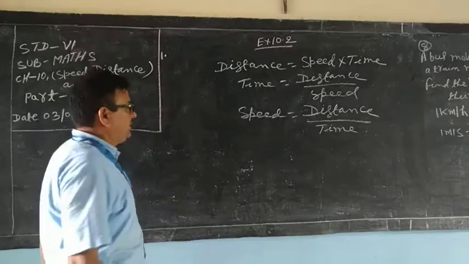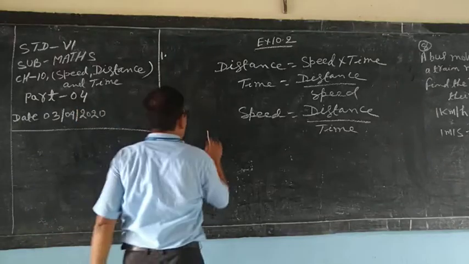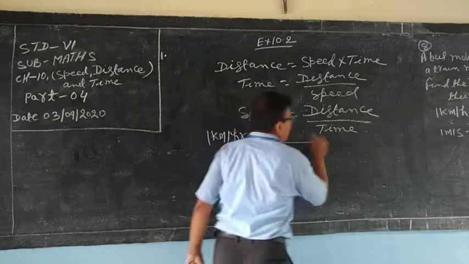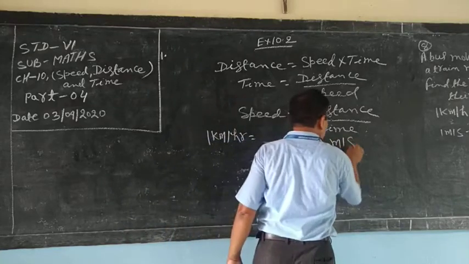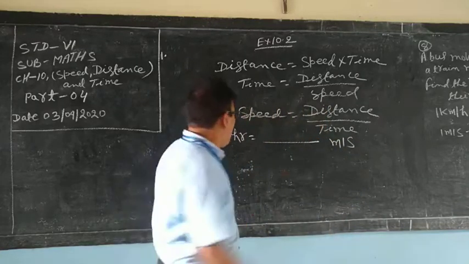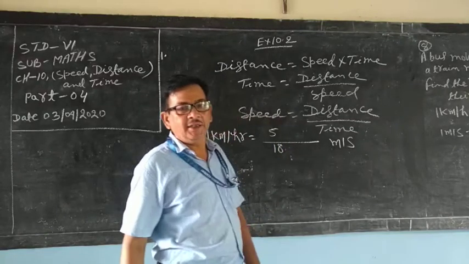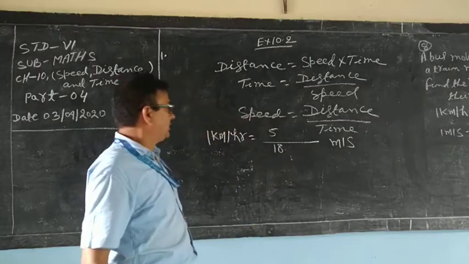Now dear students, in this chapter you are going to learn how to change kilometer per hour into meter per second. 1 kilometer per hour is equal to 5 by 18 meter per second.